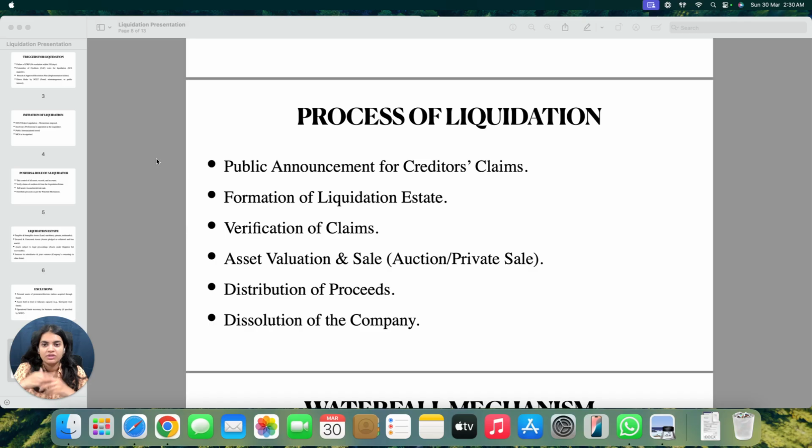And as I have told you, the liquidator is not bound by the suggestions of the stakeholder consultation committee. It is merely a suggestion, and the liquidator is empowered to take decisions in the best interest of the corporate debtor by himself.